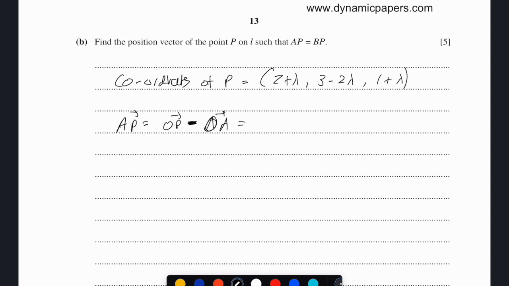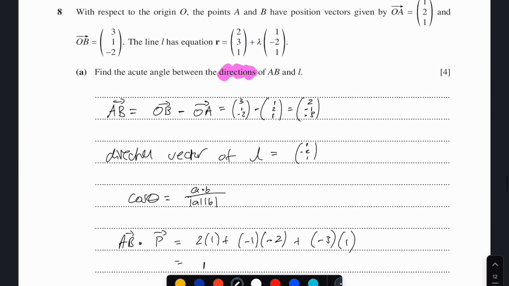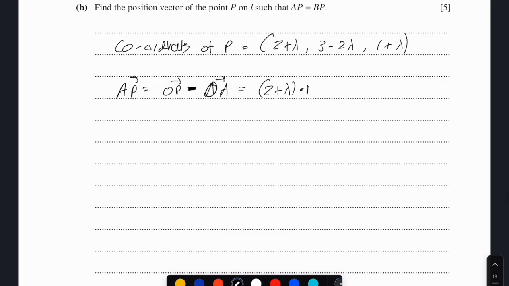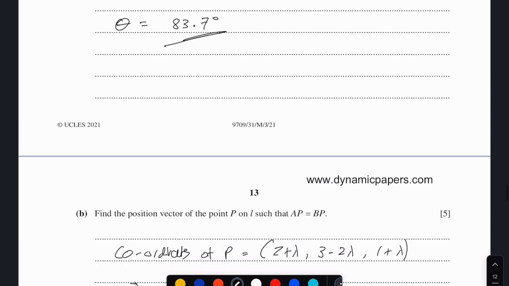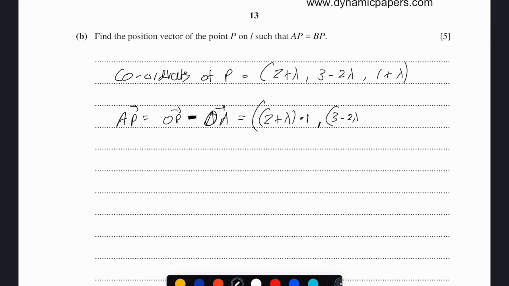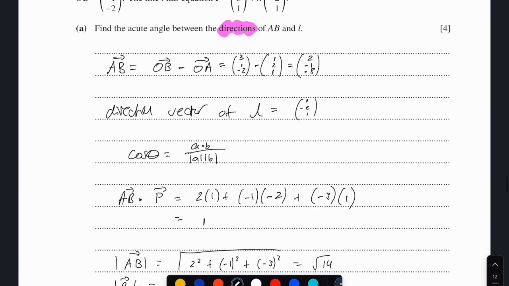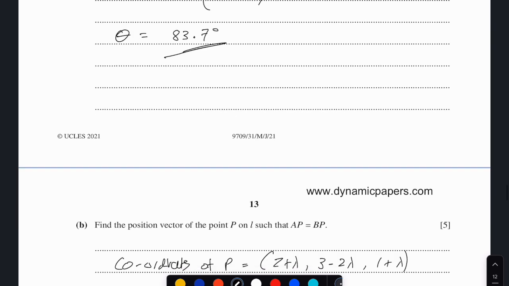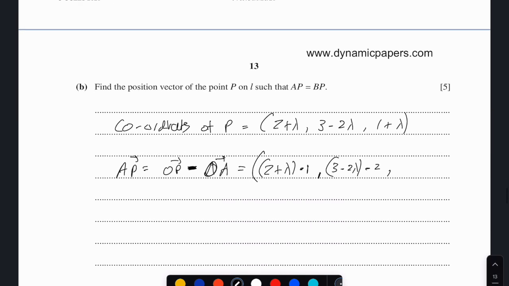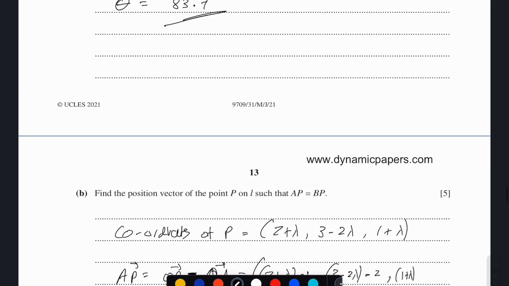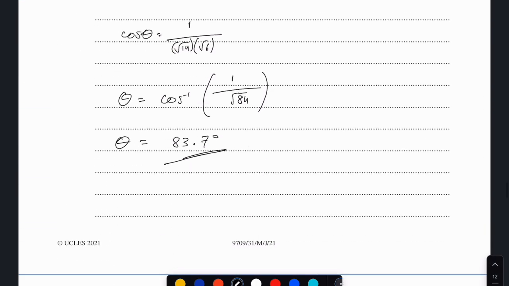So we're going to subtract OA from P. That gives 3 minus 2 lambda minus 2, and then 1 plus lambda minus 1.